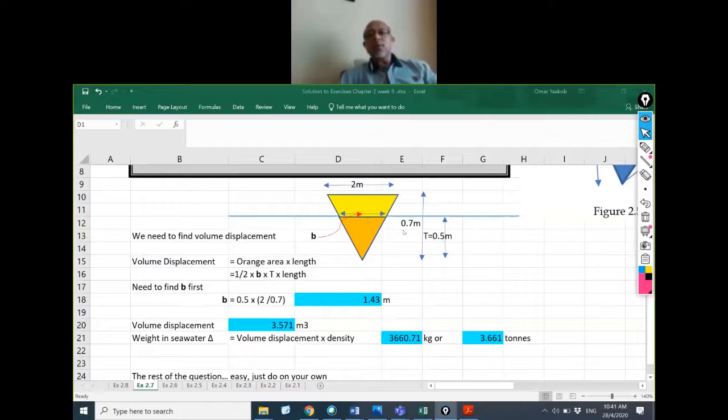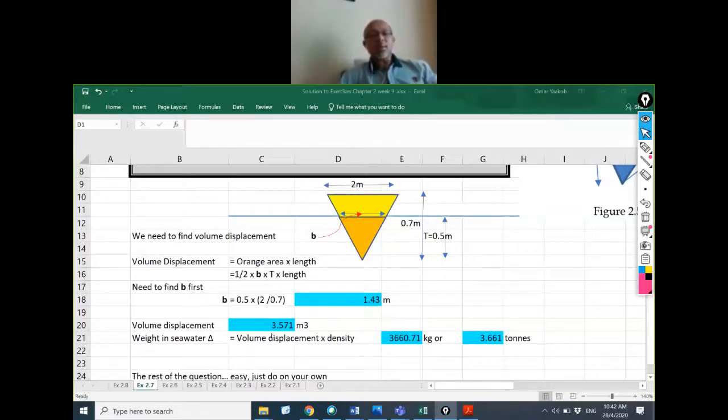Basically, B over 0.5 is the same as 2 over 0.7 because this is a triangle. If you measure from here, 0.5. So because of that, you can find B to be 1.43. So here is 1.43. Okay.